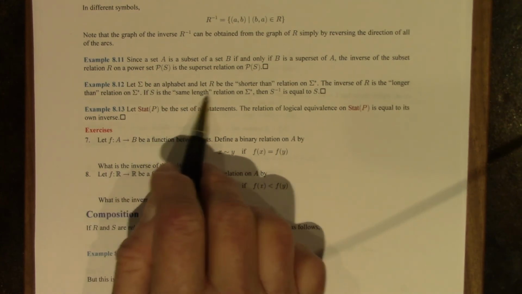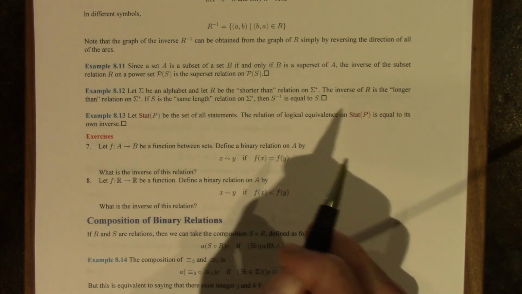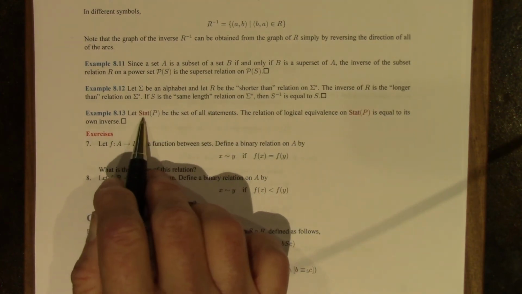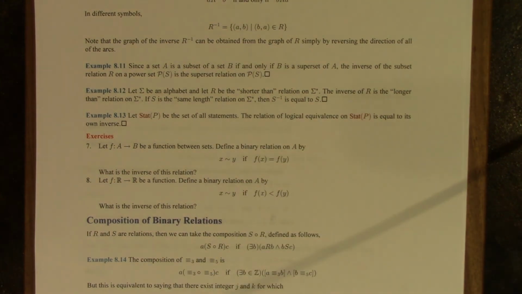The same length relation is its own inverse. For the set of all statements in the propositional calculus, logical equivalence is also equal to its own inverse. If A is logically equivalent to B, then B is logically equivalent to A.